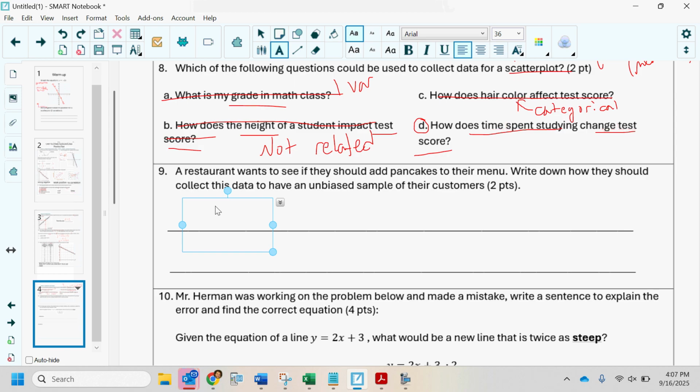Now, a restaurant wants to see if they should add pancakes to their menu. Write down how they should collect the data to have an unbiased sample of the customers, right? Unbiased means they don't want to be partial or favor any particular outcome, right? And so you don't want just the breakfast crowd, you want to see everyone, right?